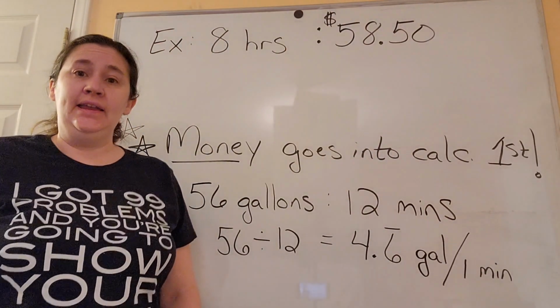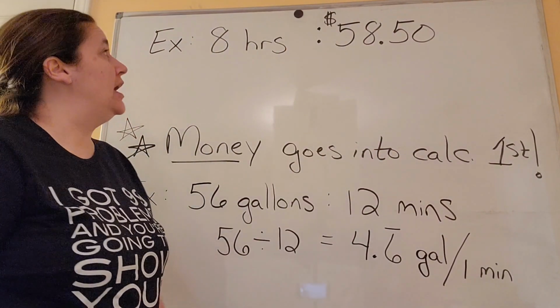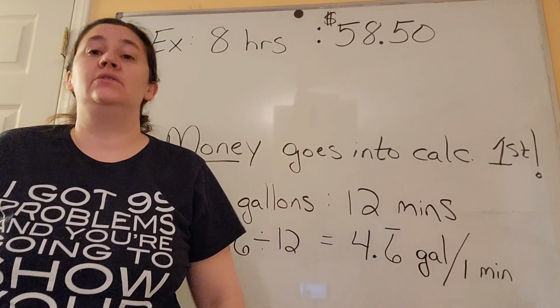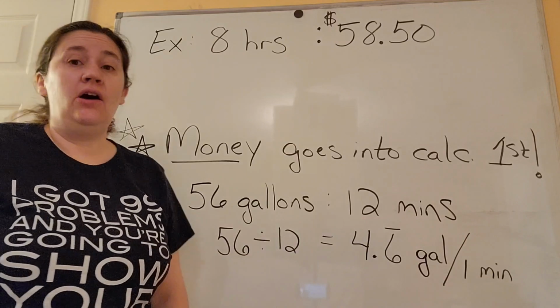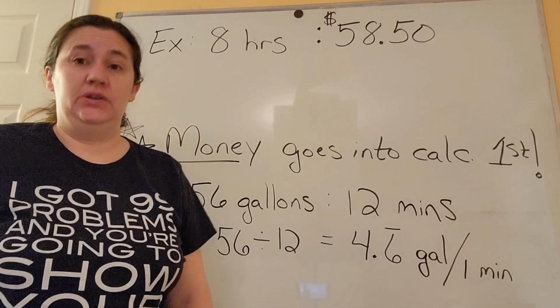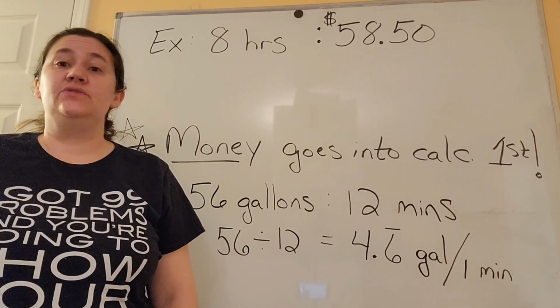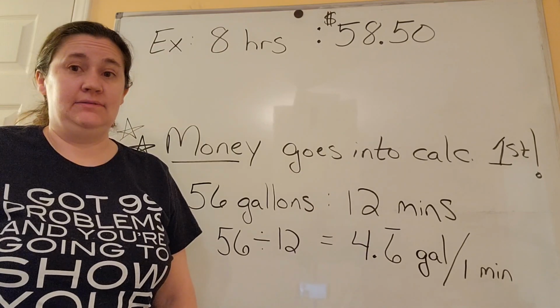You worked for 8 hours, and in that time, you earned $58.50. And now you need to find the unit rate.